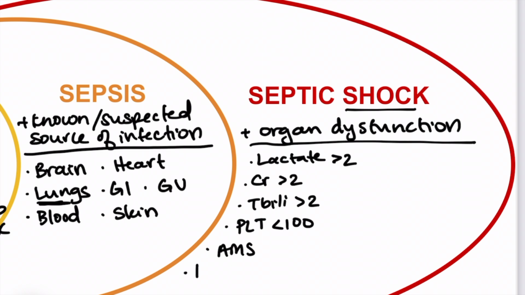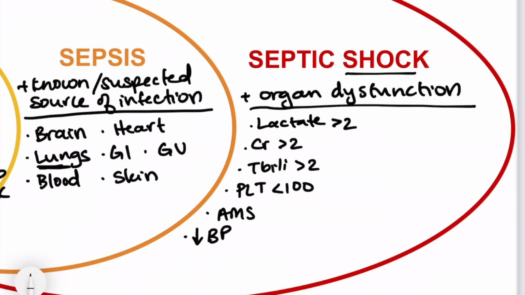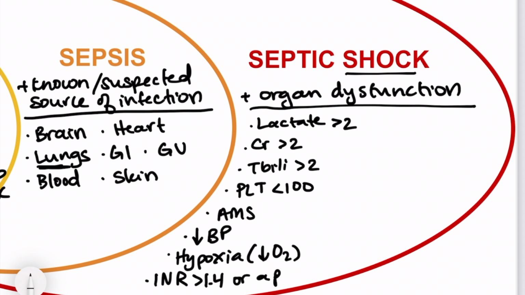hypotension, and then hypoxia, and lastly, INR being elevated, or APTT greater than 60, also coagulopathy based.